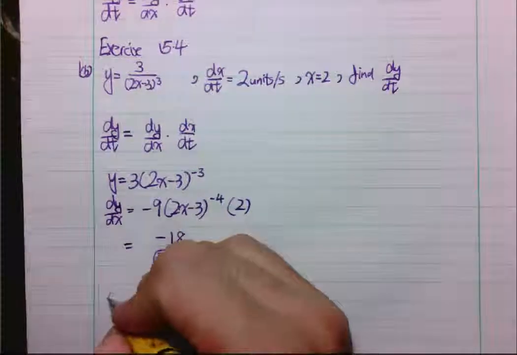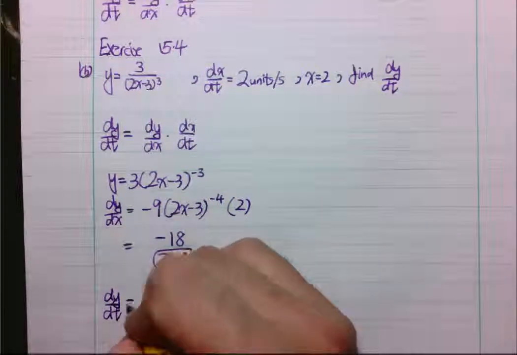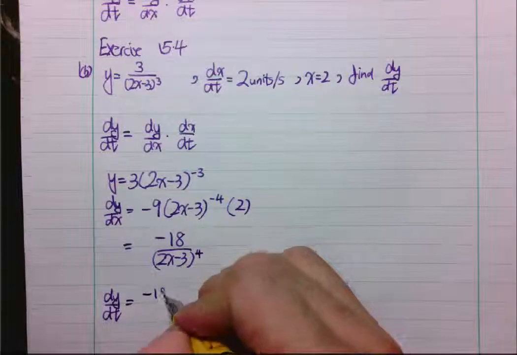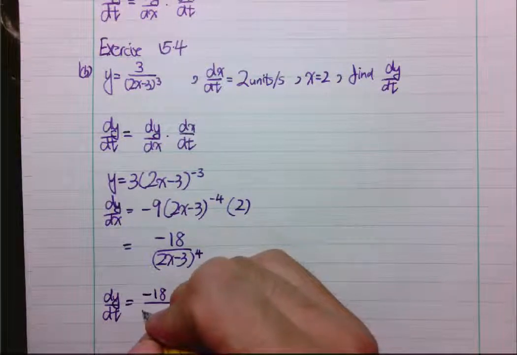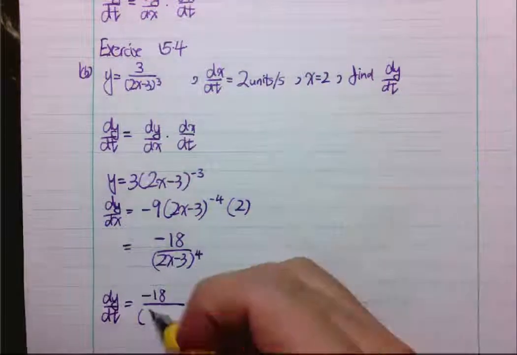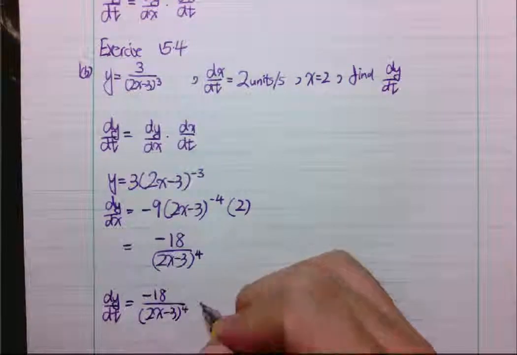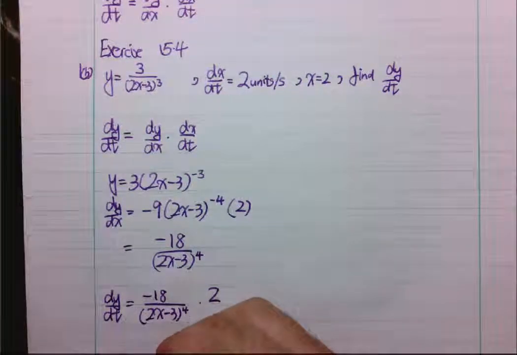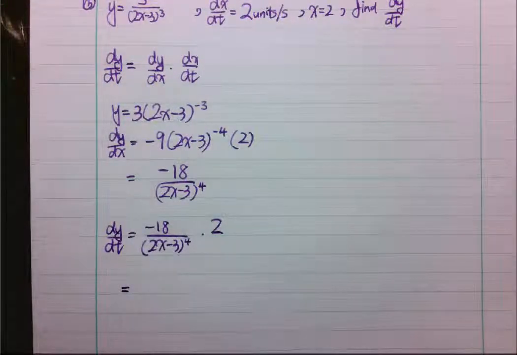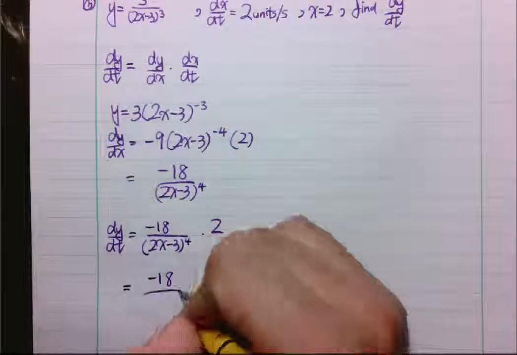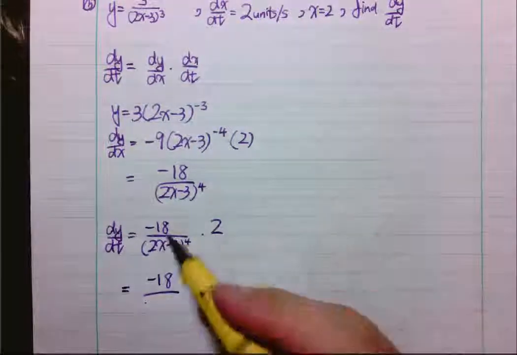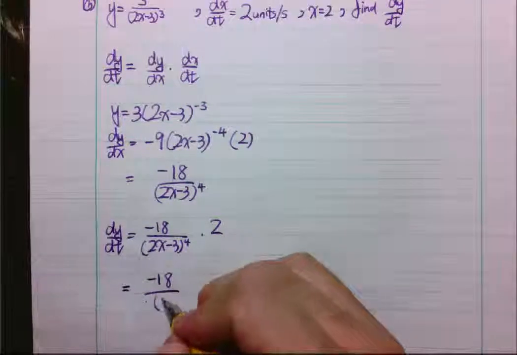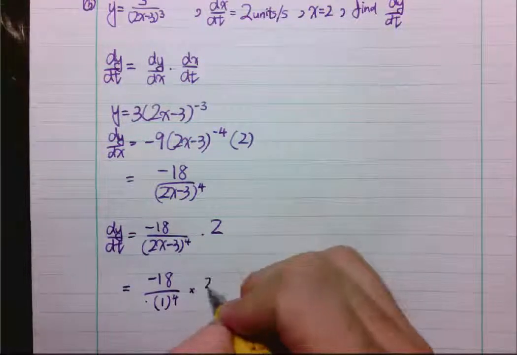Now, to find dy/dt, it equals dy/dx, which is negative 18 over (2x minus 3) to the power of 4, times dx/dt, which is 2 units. I also know that my x value is 2. 2 times 2 is 4, 4 minus 3 is 1, so I get 1 to the power of 4, multiplied by 2.